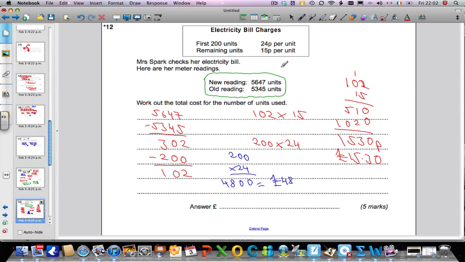So to work out the total cost, because that's what we're asked for, the total cost of the number of units, it's going to be £48 plus the £15.30, and that gives us a grand total of £63.30.